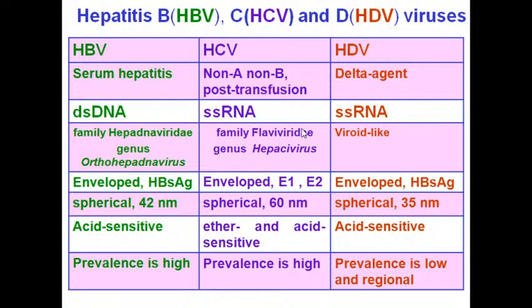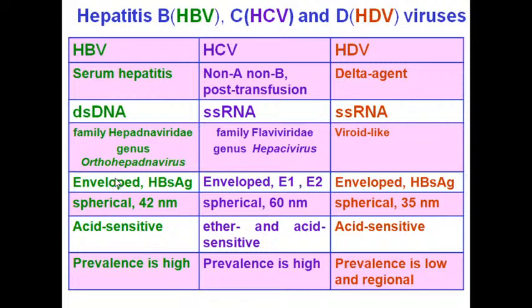Hepatitis C enters the family Flaviviridae and the genus Hepacivirus. And hepatitis D virus is not very well classified because it is a viroid-like virus.